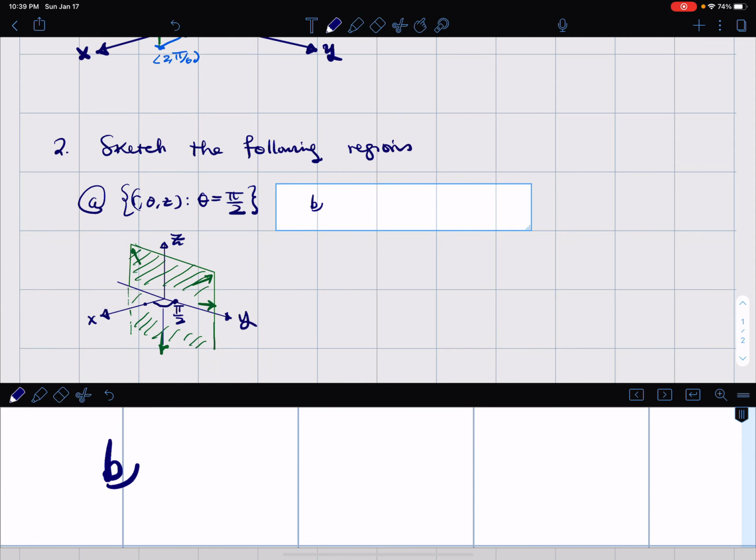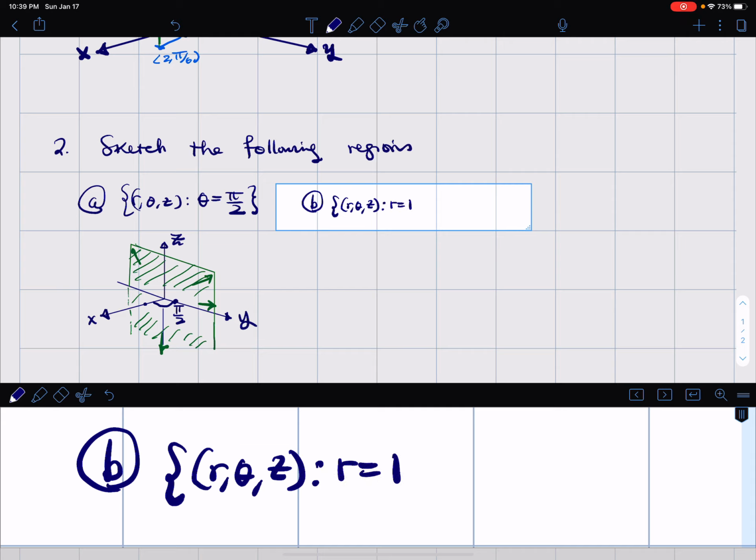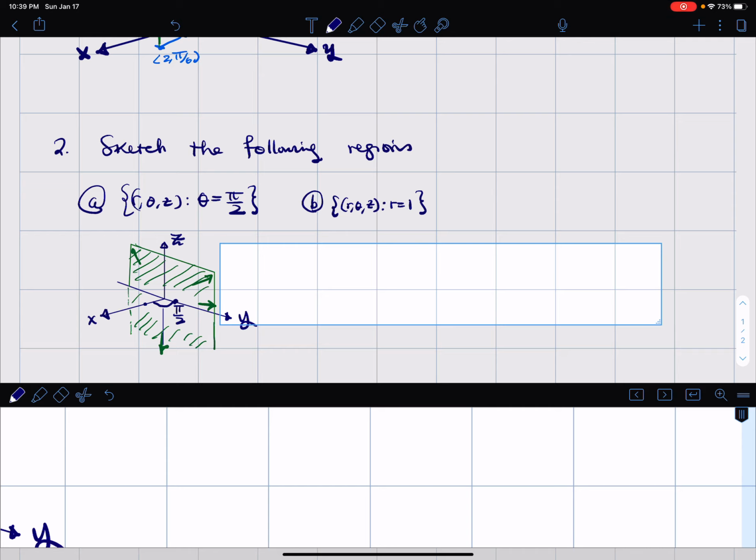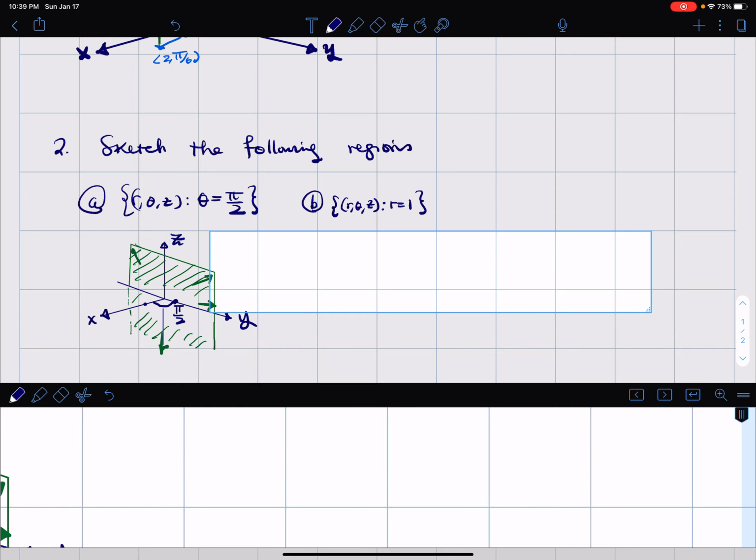B. This is a region (r, theta, z) such that r is equal to 1. So there is no restriction on theta. There is no restriction on z.